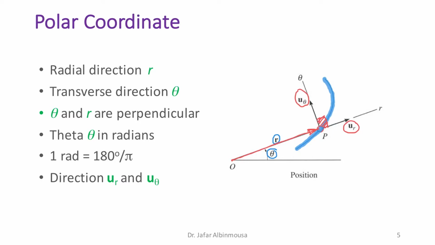So the transverse direction points toward the direction of the rotation, while the radial direction points toward the radial position of the particle from the origin. Theta is usually measured in radians, and don't forget that 1 radian equals 180 degrees divided by pi.